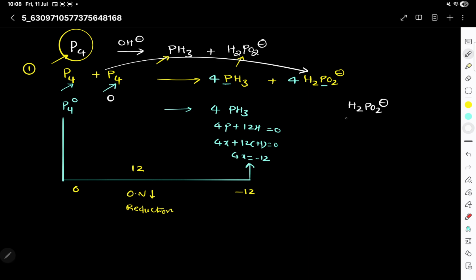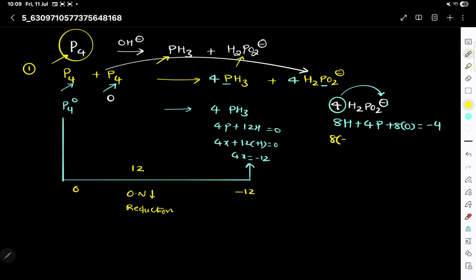I have 4 H2PO2 minus. 4 into 2 is 8 hydrogen atoms, 4 phosphorus atoms, and 4 into 2 is 8 oxygen atoms. And the stoichiometric coefficient 4 with the charge sign gives minus 4.